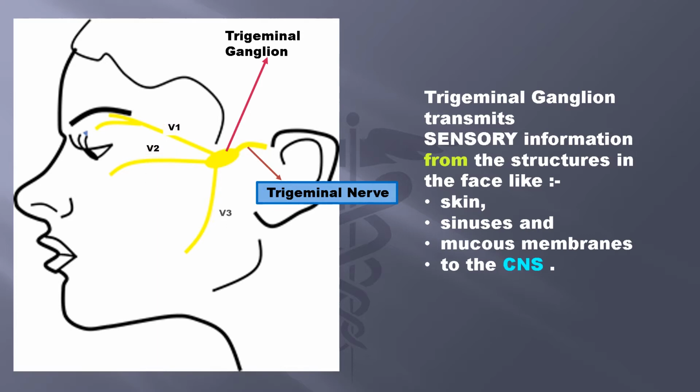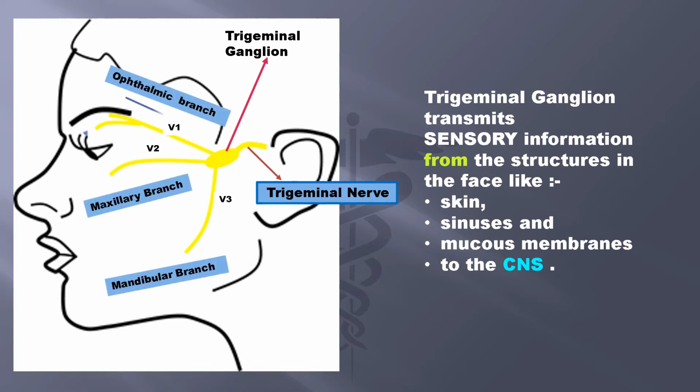There are 3 main branches from the face: ophthalmic, maxillary, and mandibular, which pass the sensory information to the ganglion, which in turn gives out sensory root to the central nervous system. You may watch my video on the trigeminal ganglion by going to the link given in the description box.